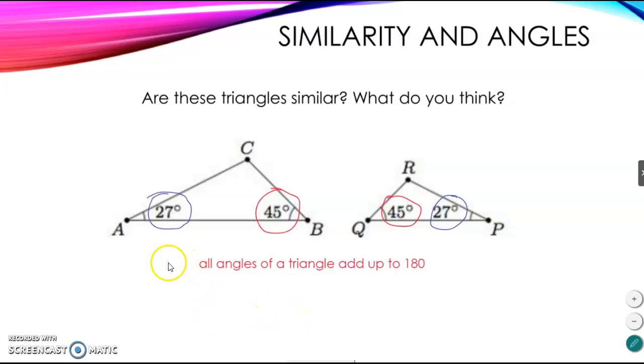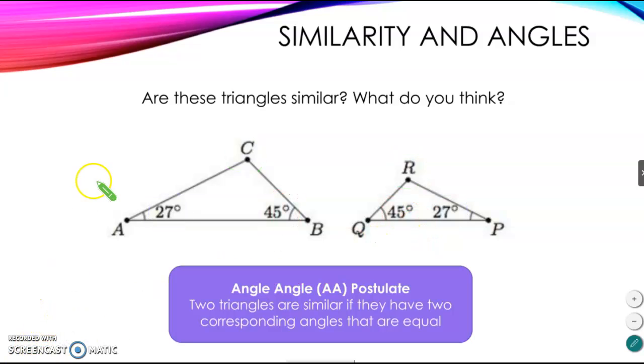So if I were to add 27 and 45 and subtract that from 180, that'll give me some numerical value for angle C. And since these two angles are the same as the ones on the left, angle R should also be the same size as angle C. And so that means all 3 angles of each of the 2 triangles are the same, at least the ones that they correspond to, and so that means that the 2 triangles are similar.